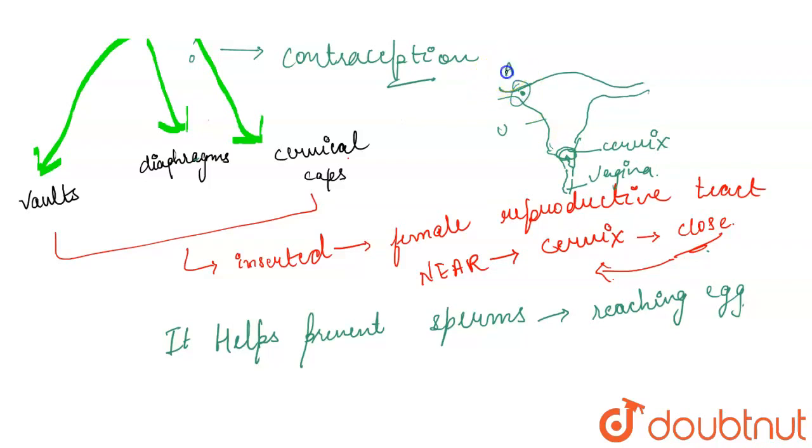This is the ampullary isthmic junction where the egg is waiting to get fertilized, and sperms would reach this region so as to fertilize it.